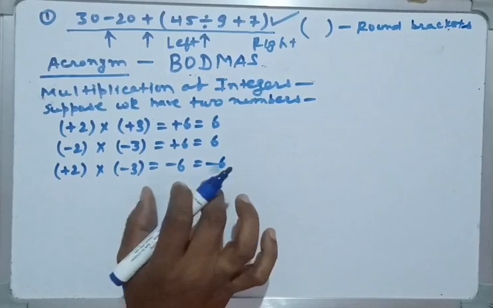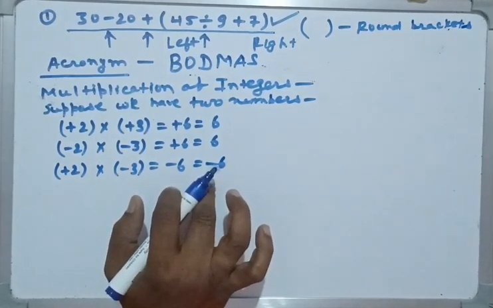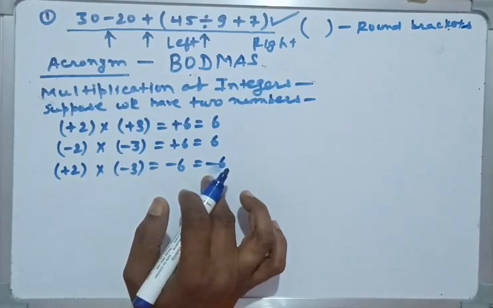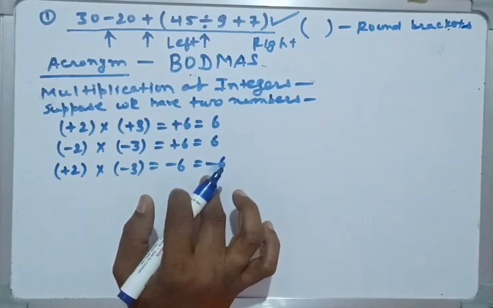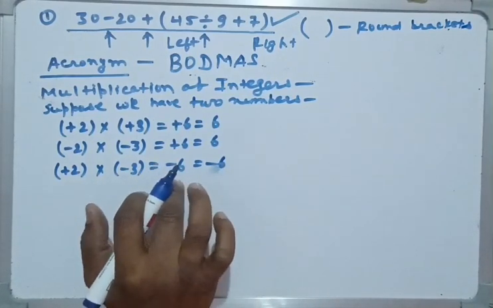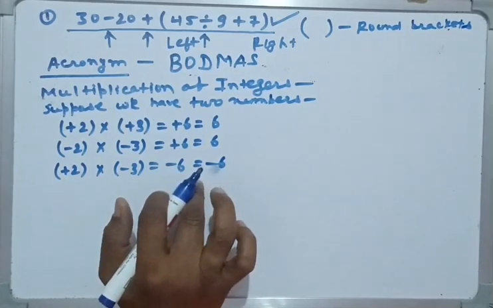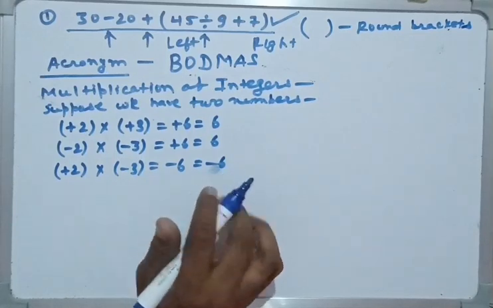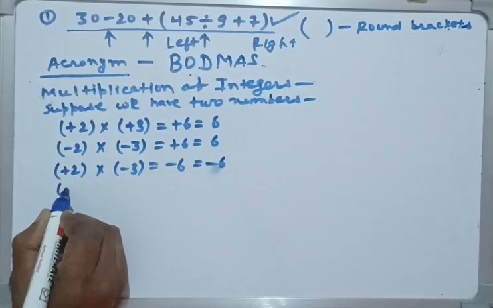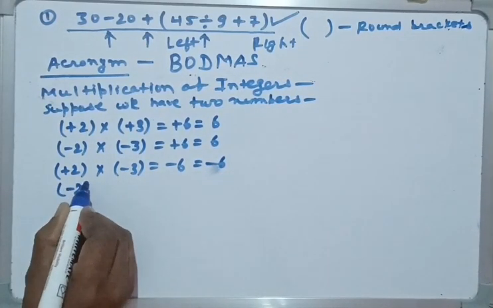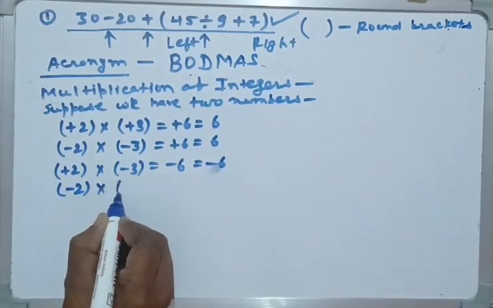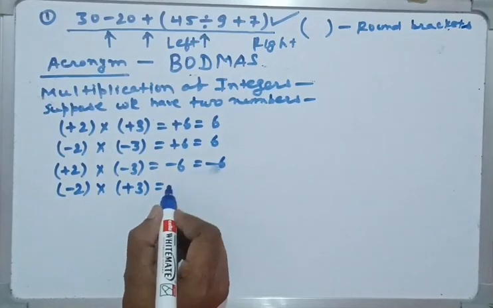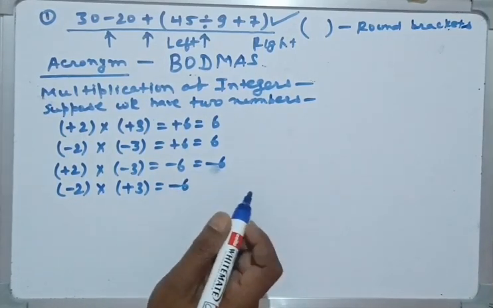If you do not put a negative sign, it is read as positive, so for a negative number you have to put a minus sign before the number. Now see another case. If the first number is negative and the second number is positive, then the answer is also a negative number.